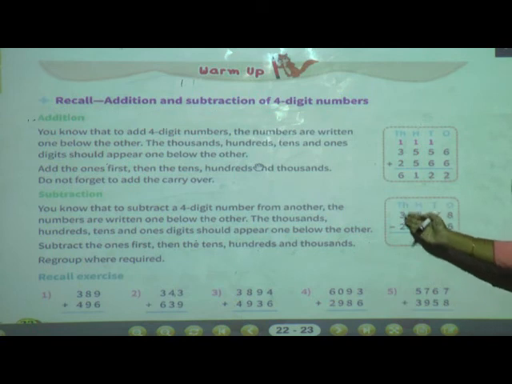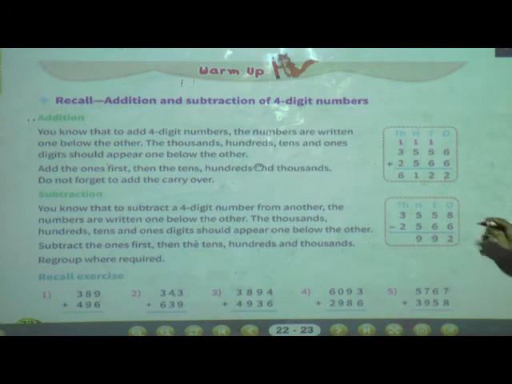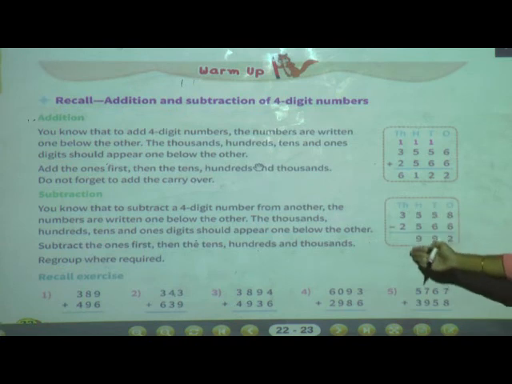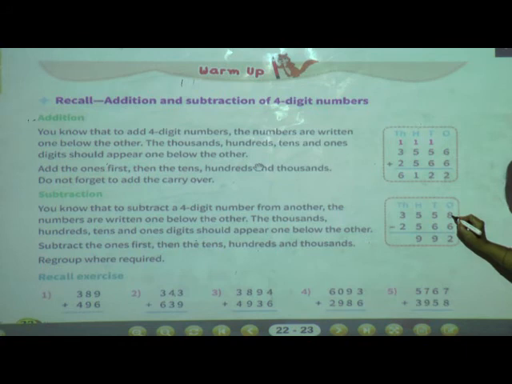Means properly we have to write everything. And from where do we start subtraction? From the ones place. First we will subtract the ones place, then tens place, then hundreds place, then thousands place. And we will regroup if required.